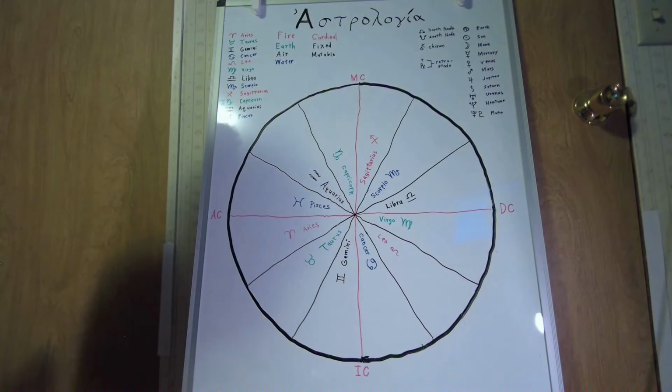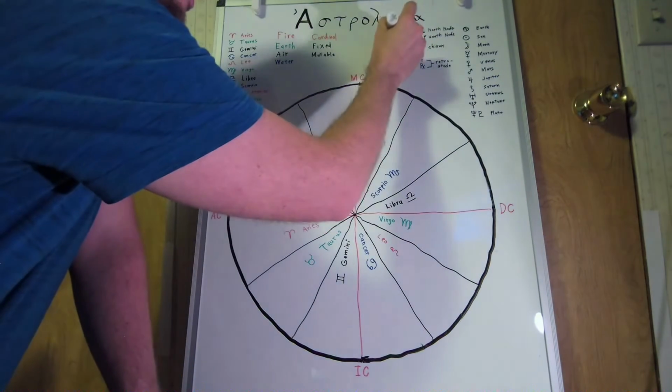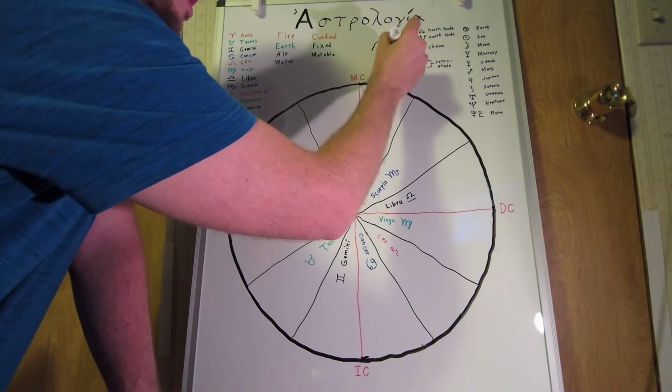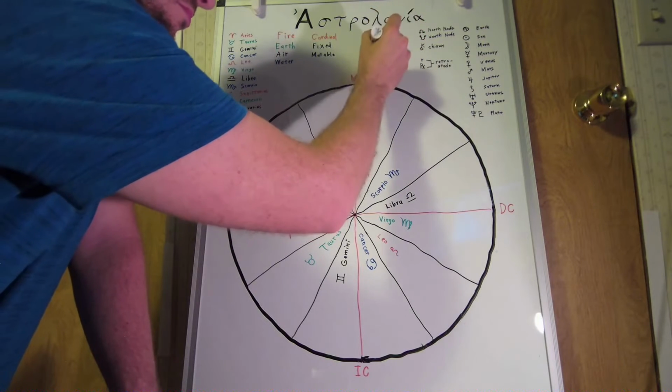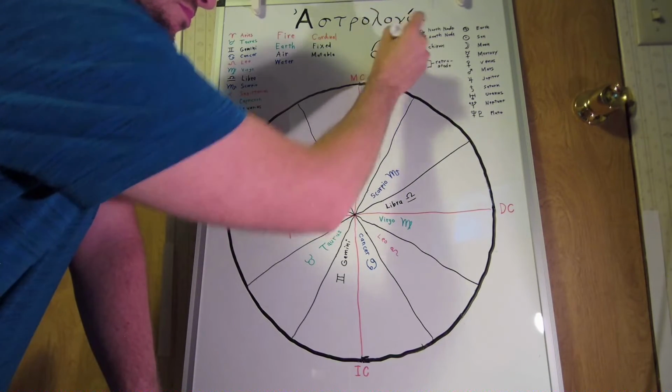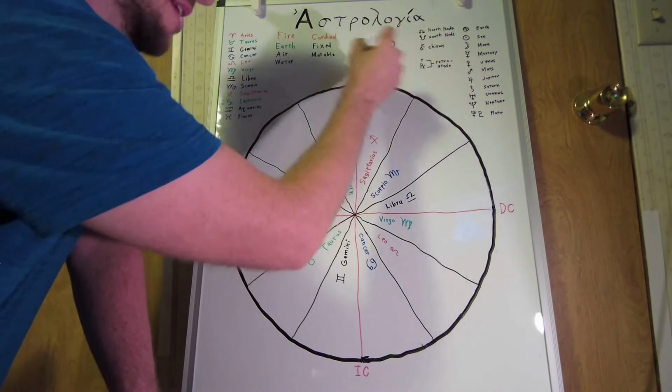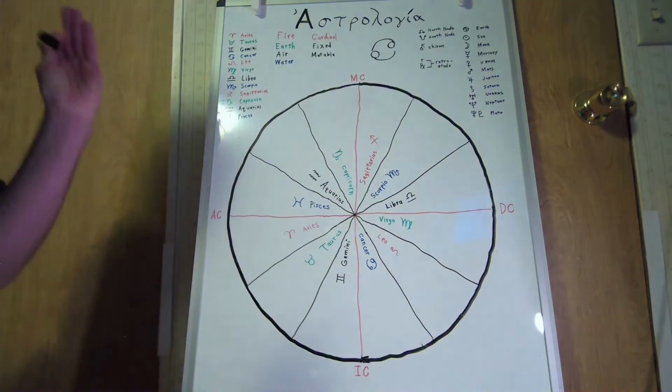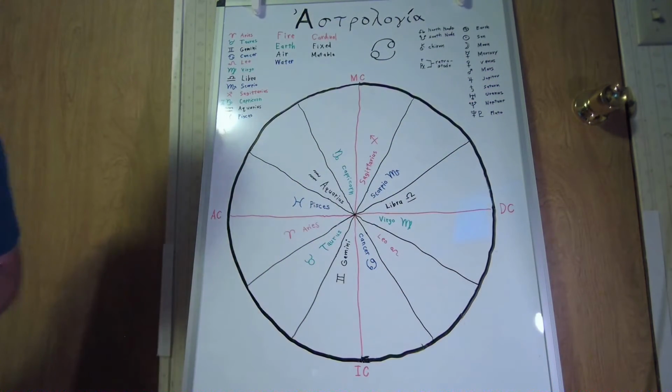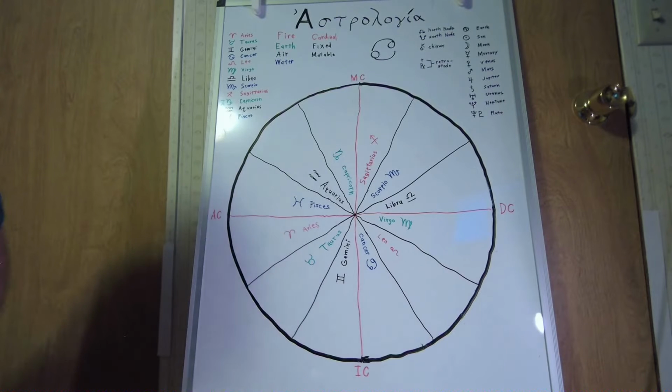Next is Cancer, the crab. I might have got that backwards, but just think of a 6 and a 9. Cancer is water and it's cardinal.